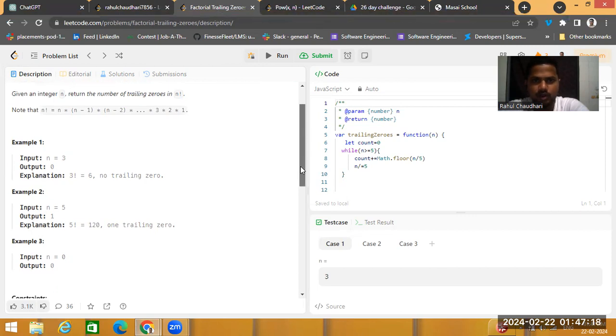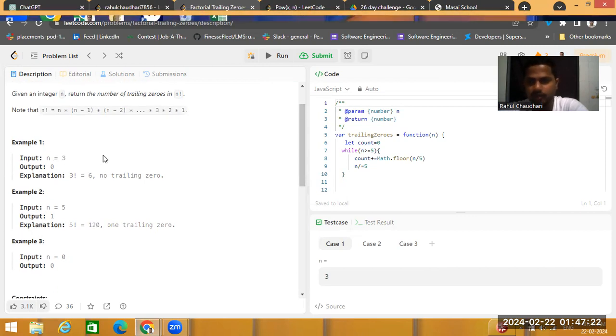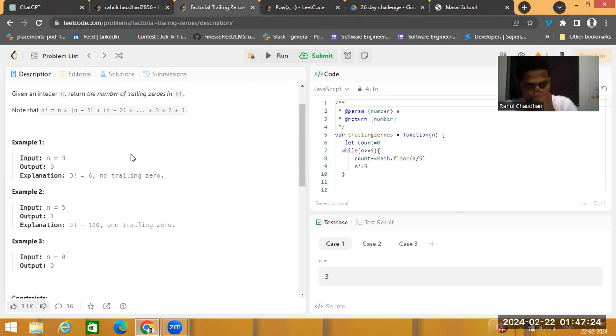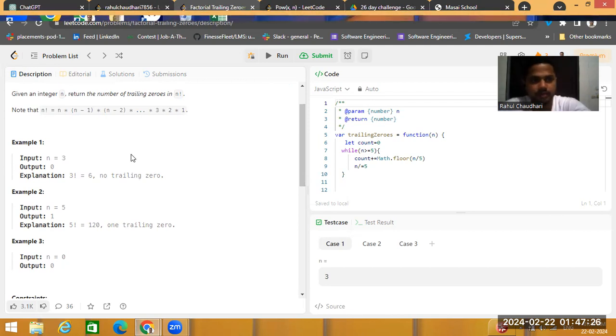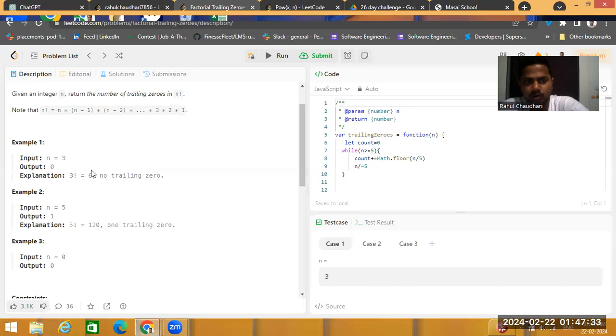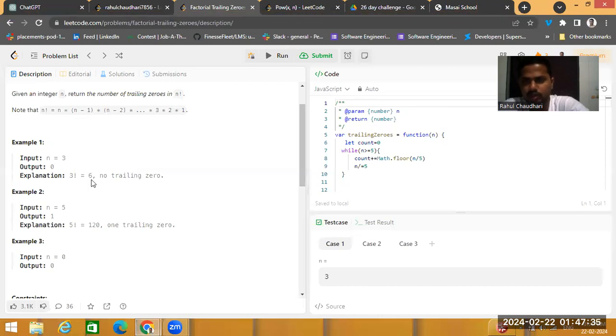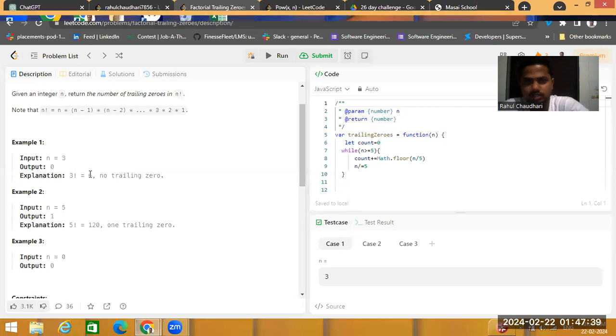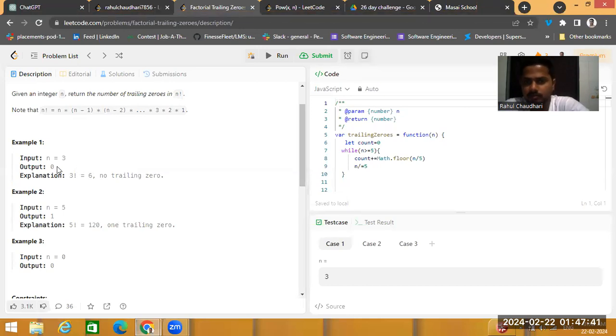Okay. So what we want to print. We are given a number and we check with 3 factorial. 3 factorial means the number is 6. So there are no zeros. If there are no zeros in the result, we print 0.